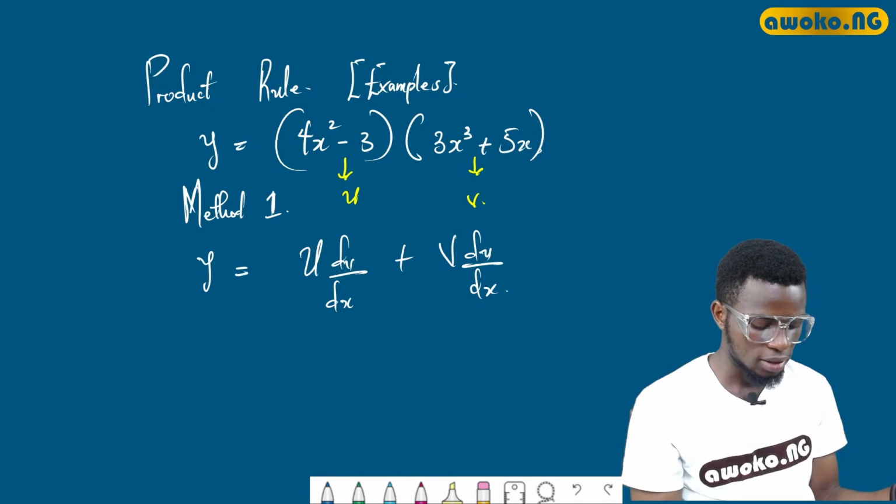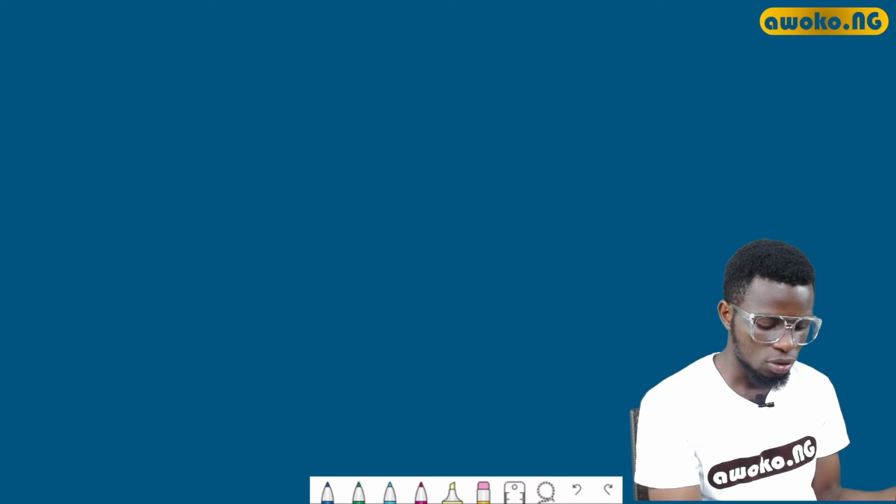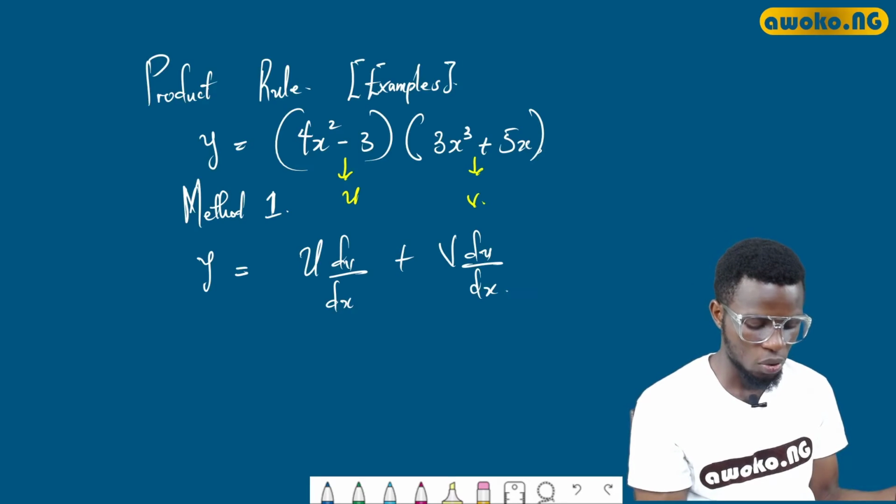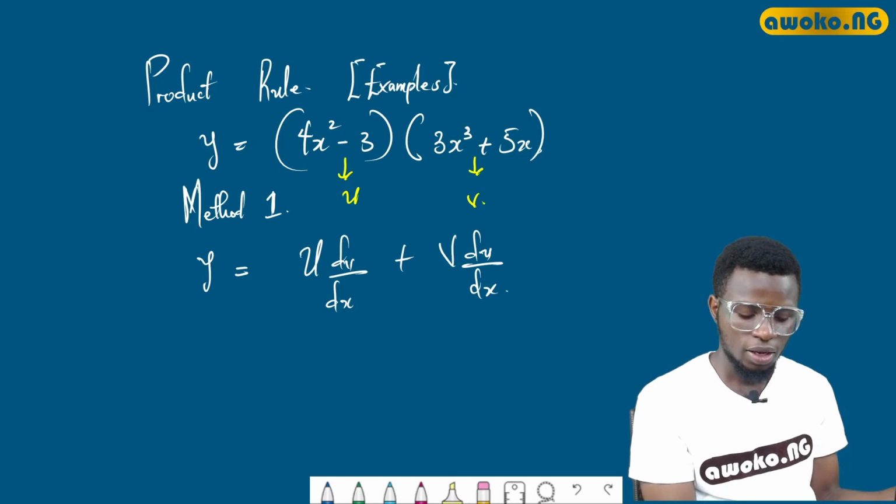The rule states that we have to make u constant and differentiate v, plus make v constant and differentiate u.